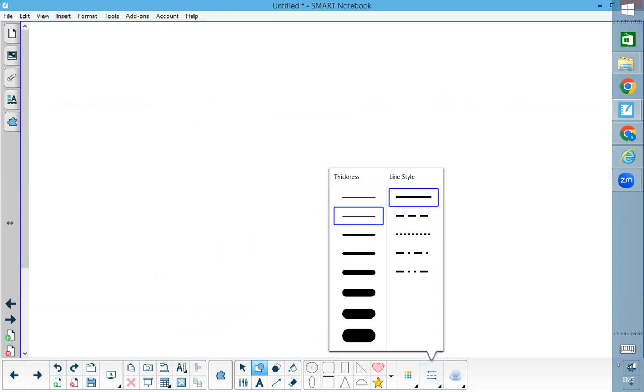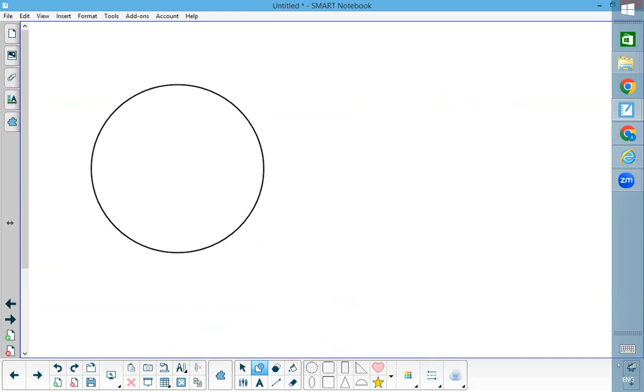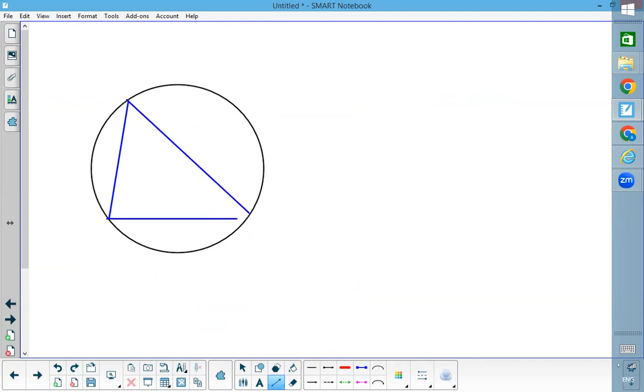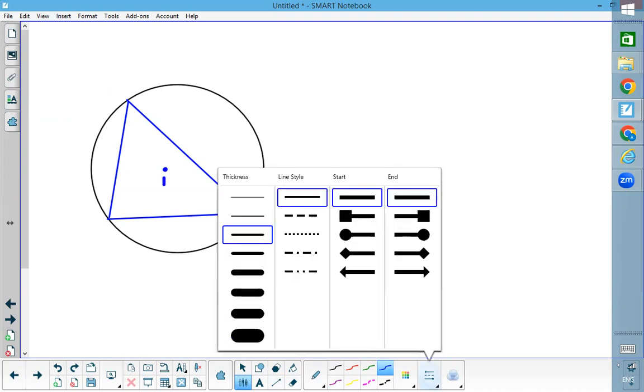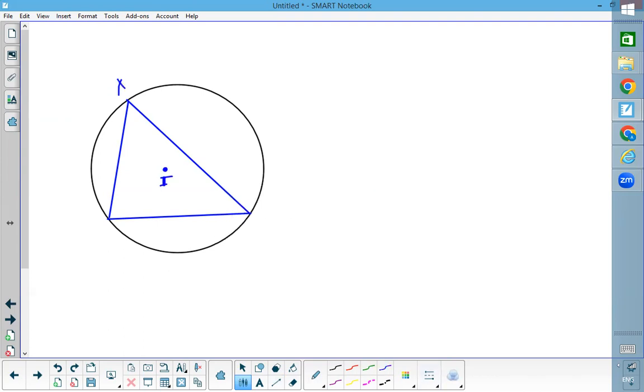You need to be able to do it. Whenever we have a triangle and then we have the incenter, what do we do in this type of setup?